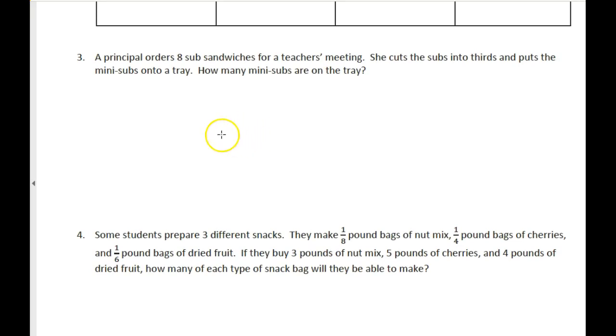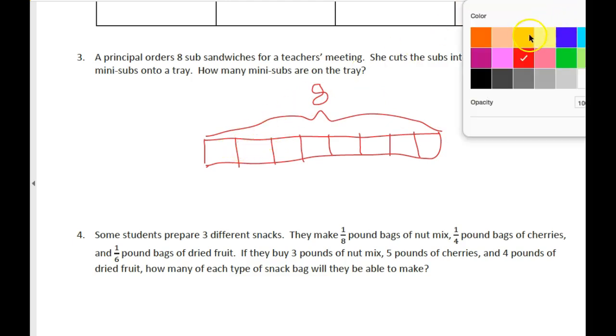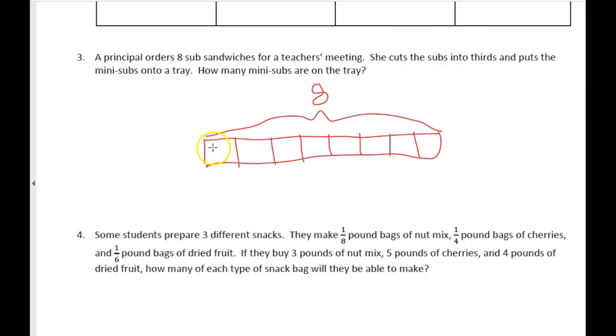A principal orders 8 sub sandwiches for the teacher's meeting. So here's your sub sandwich. There's 8 sandwiches here. 1, 2, 3, 4, 5, 6, 7. So this is 8 sub sandwiches altogether. And she's going to cut them so that all her teachers can have some. The principal is going to cut them into thirds.